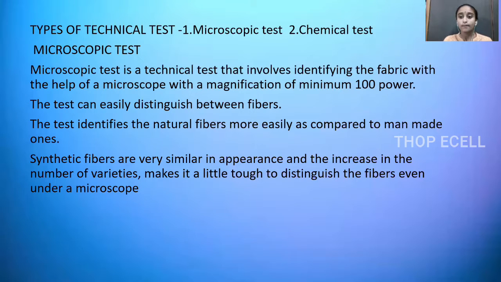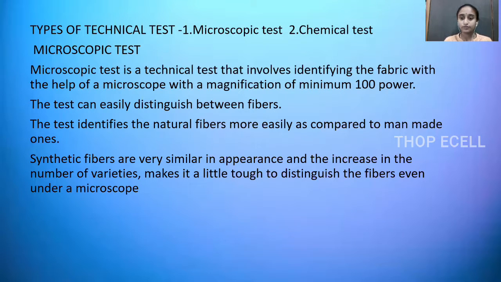As I told you before, microscopic test, take a strand of fiber and put it under microscope and magnify at a minimum of 100 power and look what kind of fiber it is. You'll only know when you have first seen some of the fabrics or fibers, and then it will be easy to identify them.